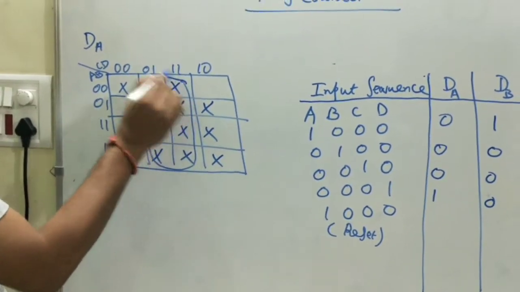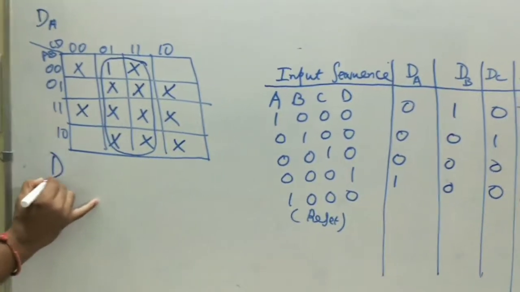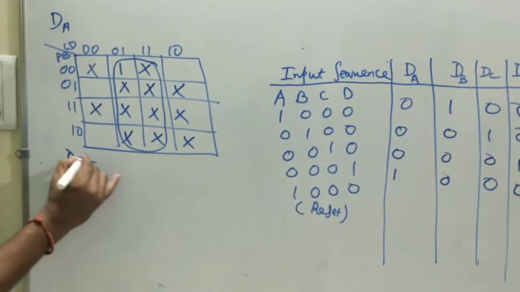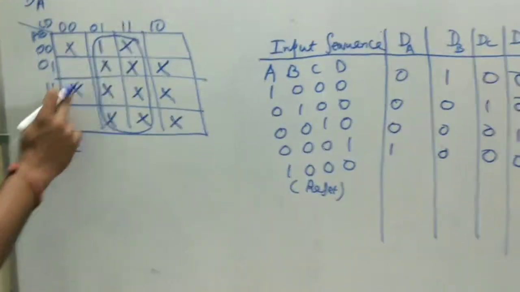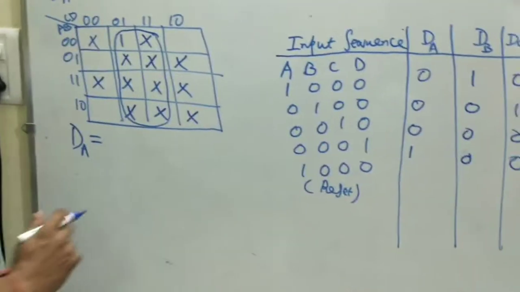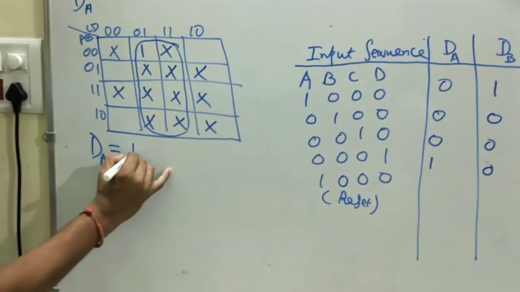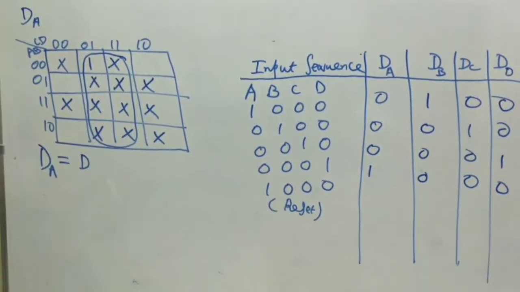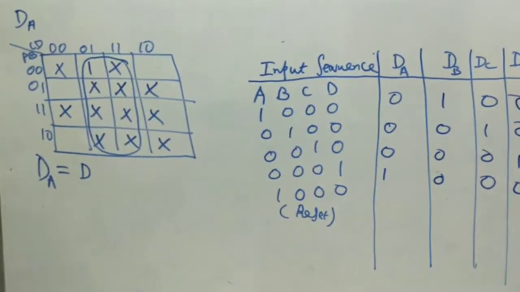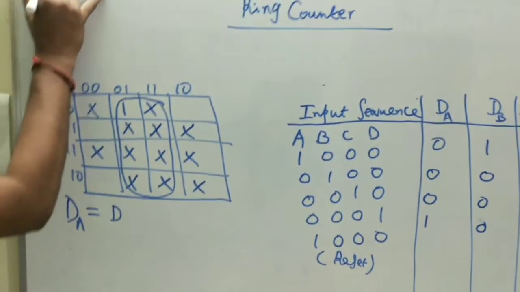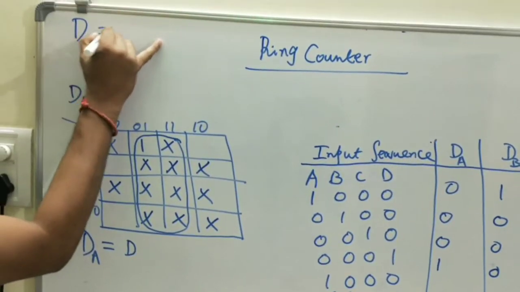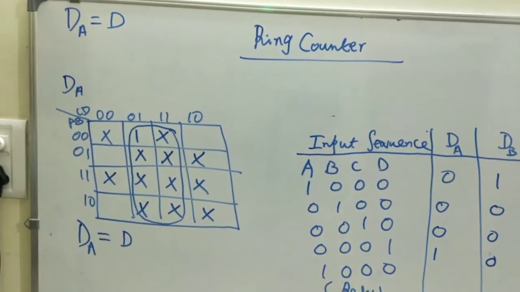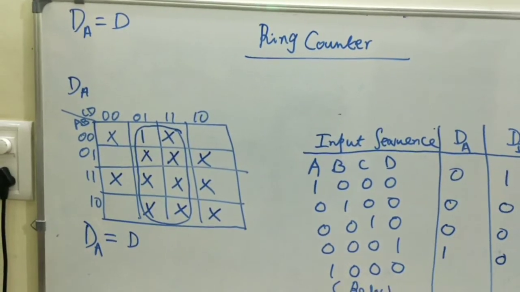So what will we get? DA equals, AB won't come. What is the common bit here? D. D is our common bit. So this is the output of DA: DA is going to have the input D.